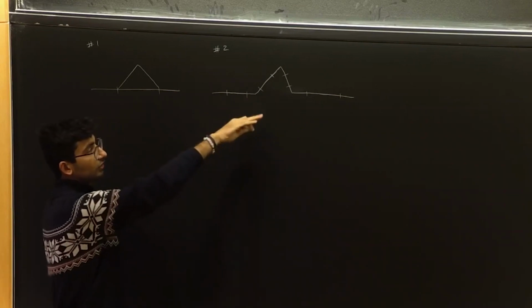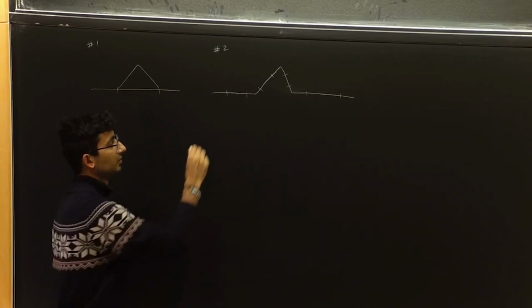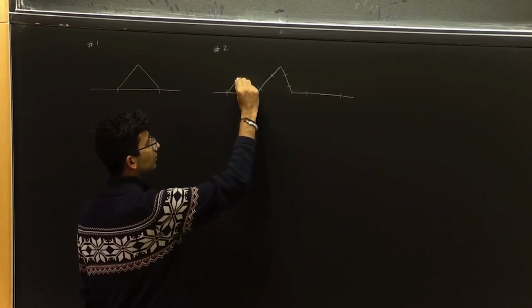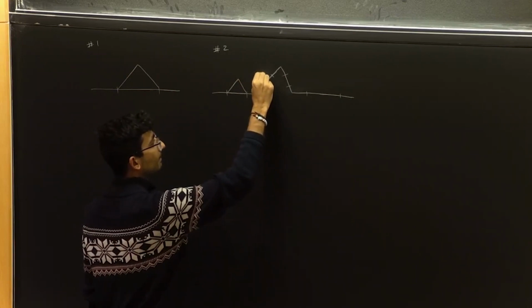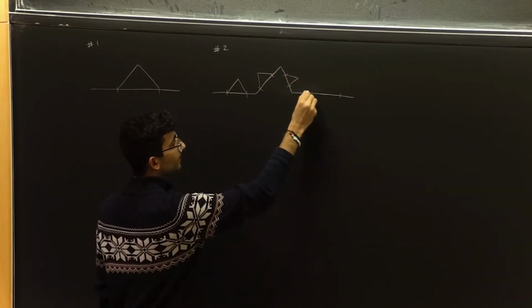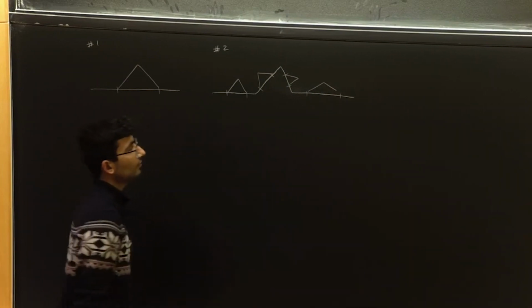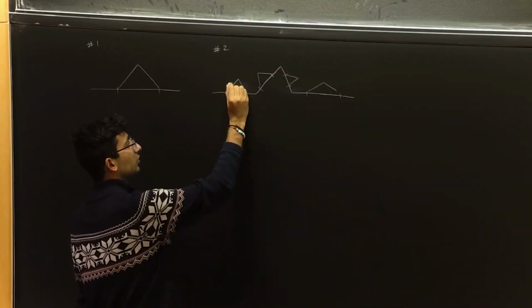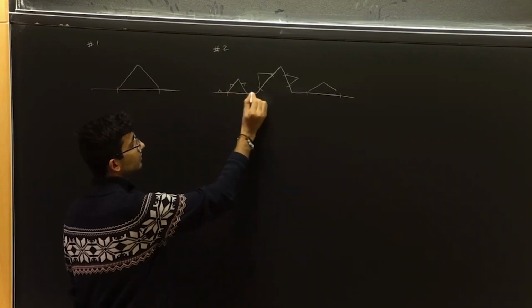And then the middle of every single one of these parts becomes a sort of like triangle slope looking thing. And we repeat that process. And so as you'll see, in step 3, it looks a little something like this.